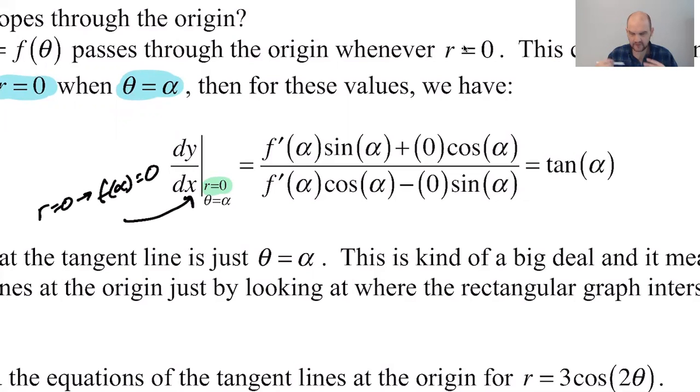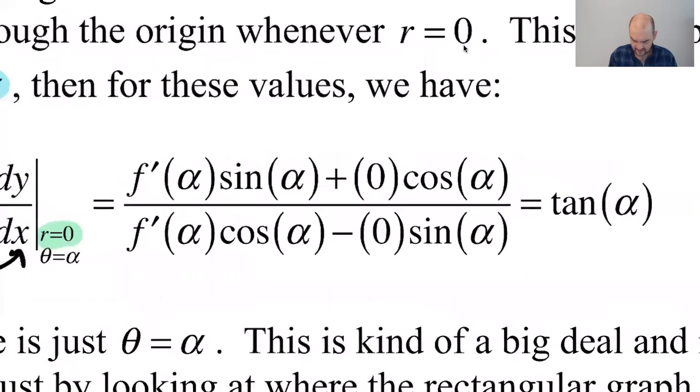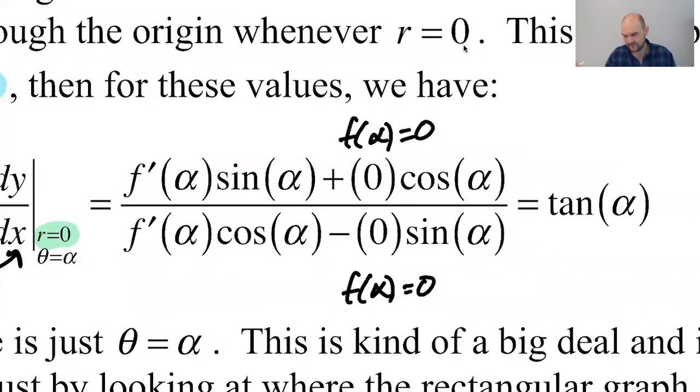So using that general form, I have f prime of alpha, sine of alpha, plus f of alpha, but f of alpha is just 0, cosine of alpha, over f prime of alpha, cosine of alpha, minus f of alpha again, sine of alpha. Let me write in that f of alpha equals 0 for a little bit of clarity.